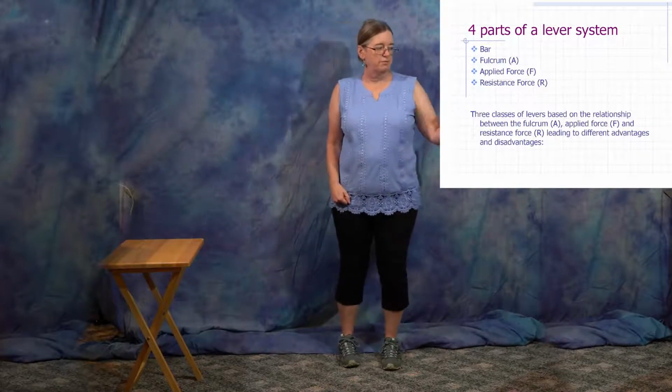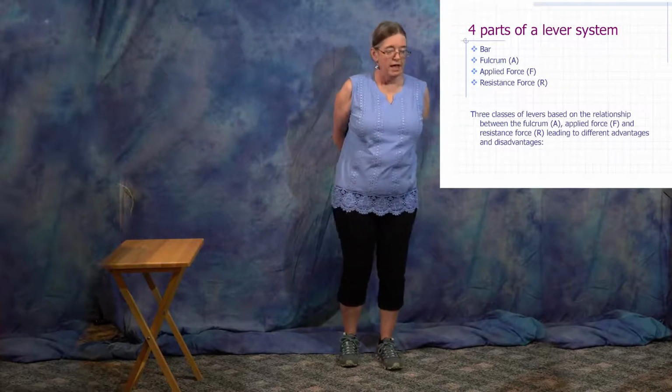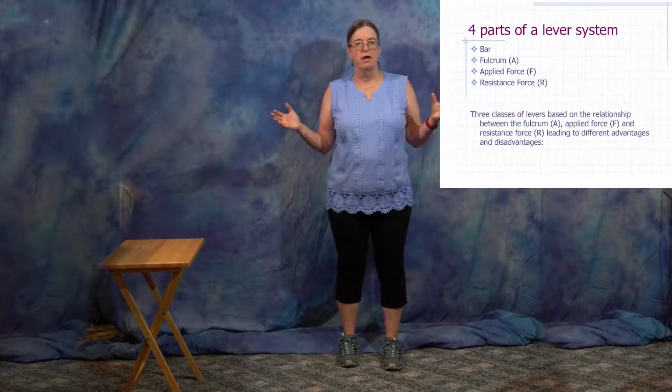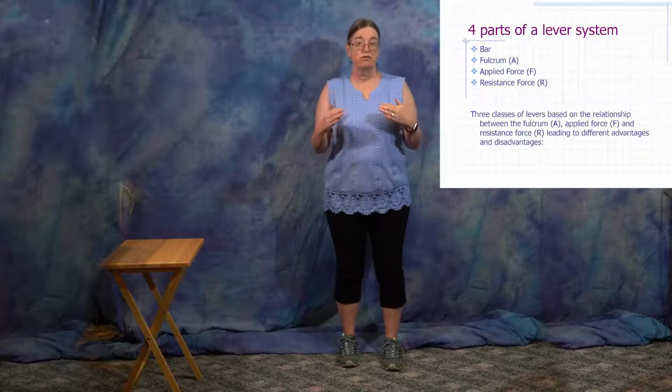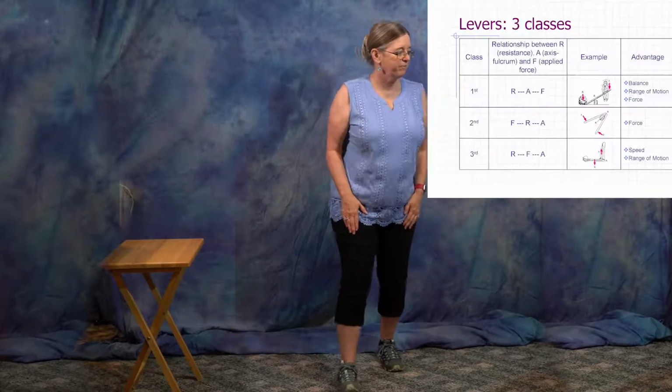So we have the applied force, the resistance force or load, and the fulcrum and the bar. And how you rearrange your fulcrum and your two forces on that bar makes a difference on what kind of advantages you're going to get. And they fall under different types of levers.